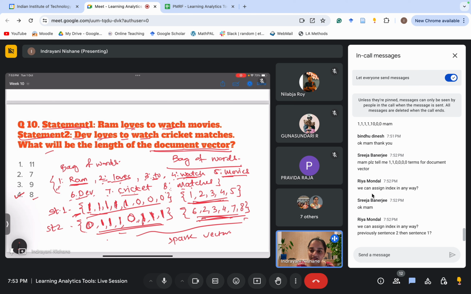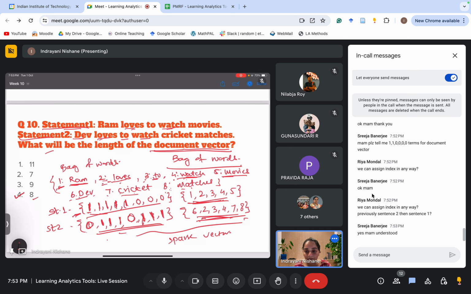Yes, the index can be assigned in any way. This sequence number could be any way, but we have to maintain that the 1 and 0 correspond to the corresponding word only. So in statement 2, the sequence was Dev loves to watch, but here in our list Dev is at number 6. So that serial number could be anything.